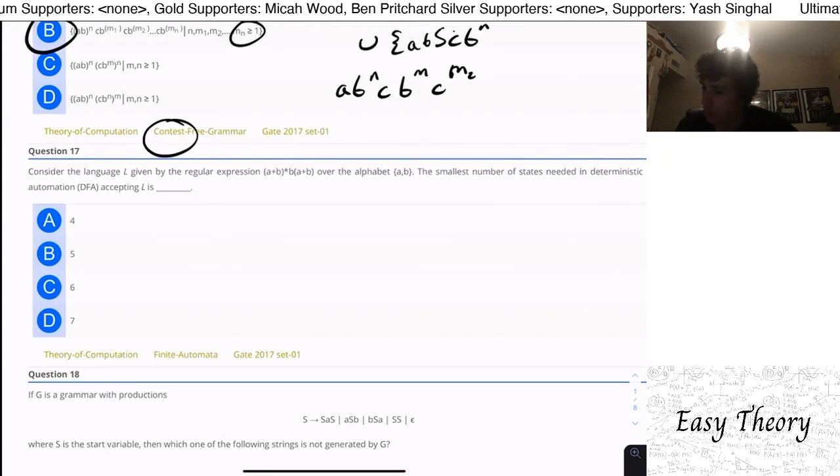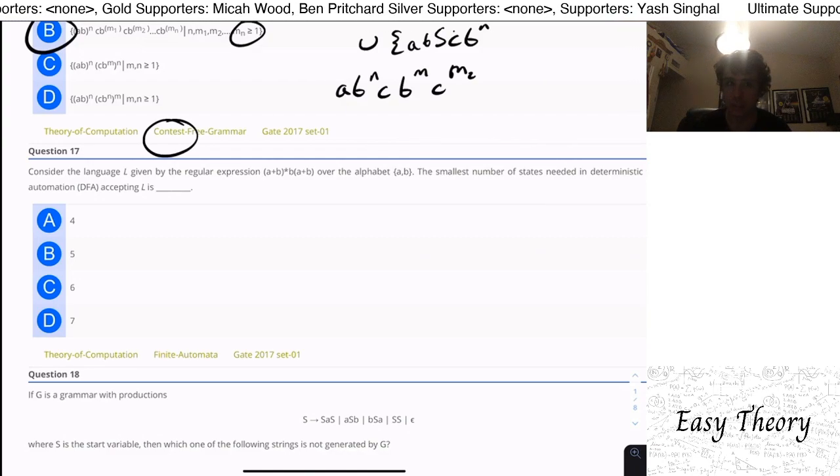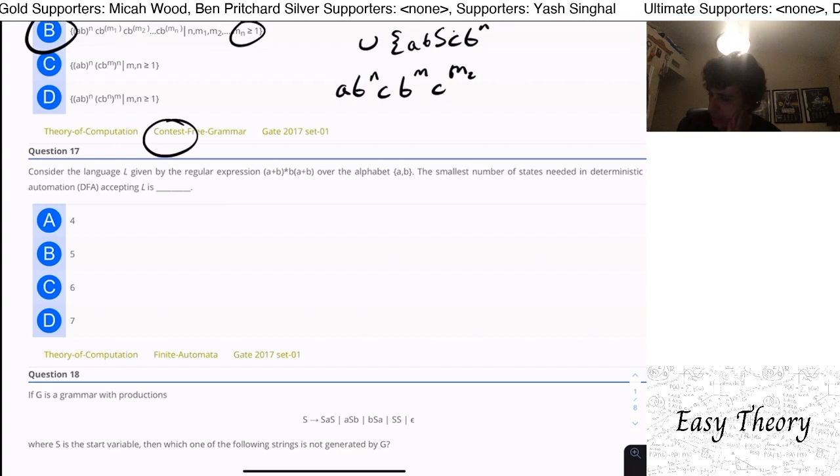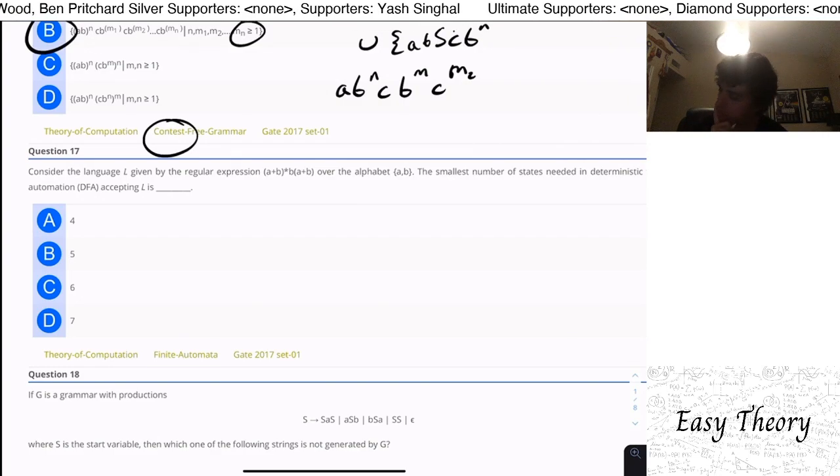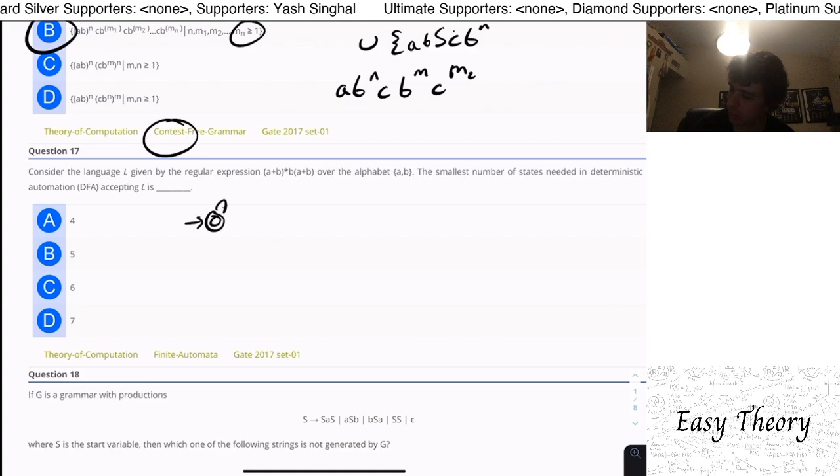Consider the language with a regular expression. What is the smallest number of states for a DFA accepting it? So let's see if we can actually do this in general.